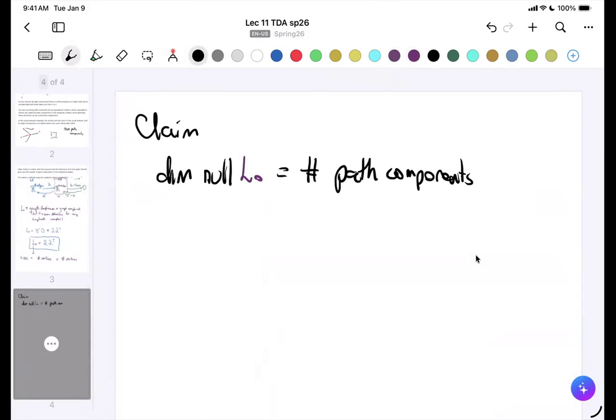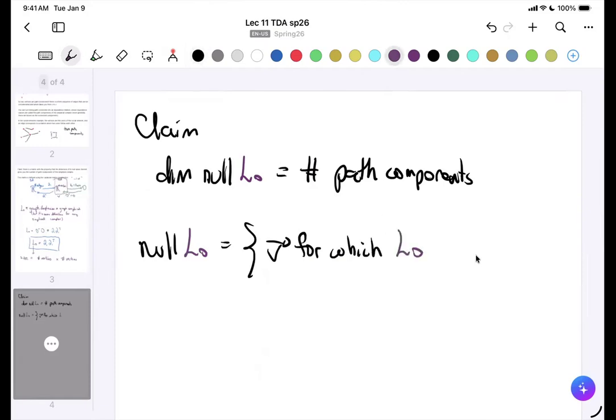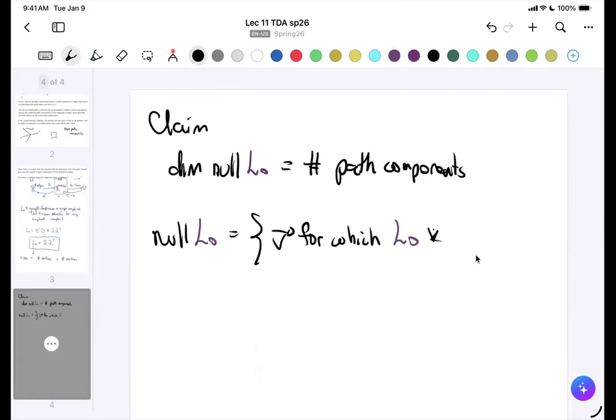Okay. Now this is just linear algebra. What is a null space of a matrix? They are all the vectors that get mapped to zero, right? That solves a homogeneous system. So the null space of a matrix consists of all the vectors v for which L0 v equals zero.